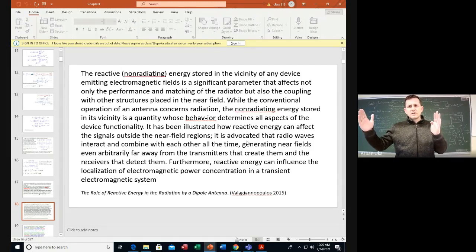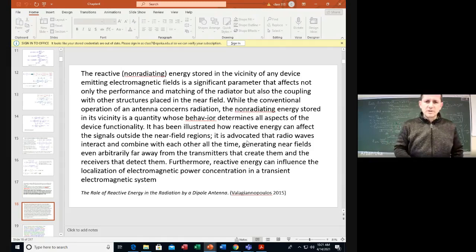The reactive energy, which is very close to the antenna, does not have a direct effect. But indirectly, this reactive energy, stored very close to the antenna which is sending the signal, has an effect on this antenna itself regarding the quality of the signal which is produced and some other parameters.